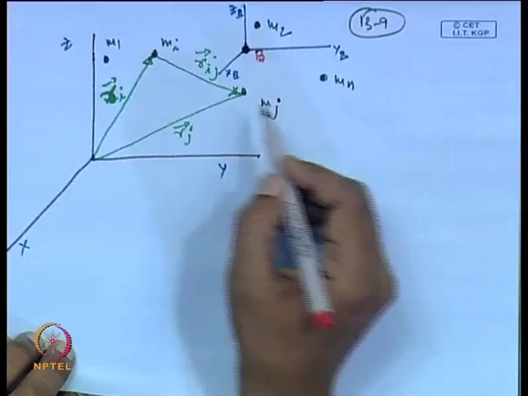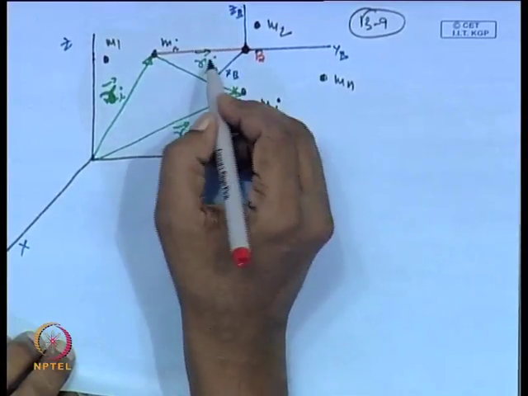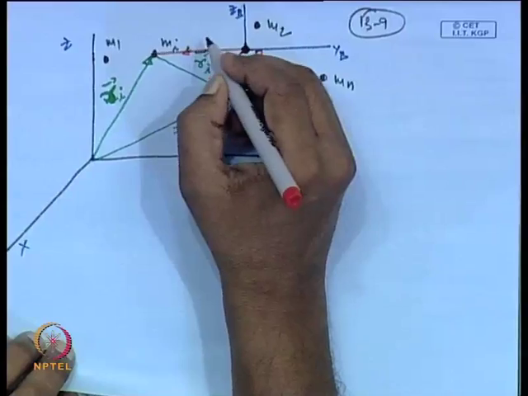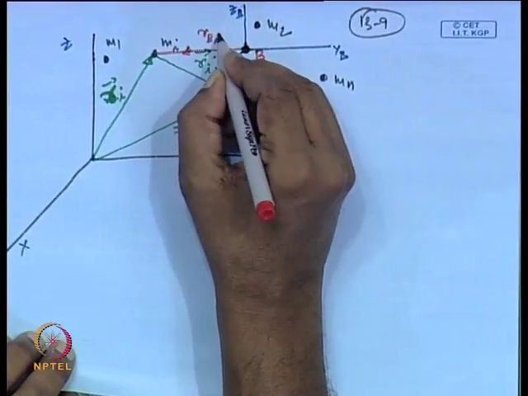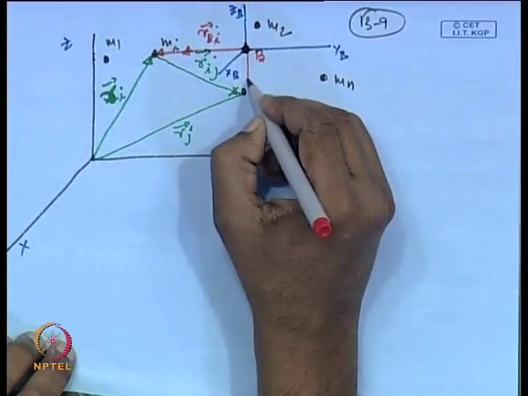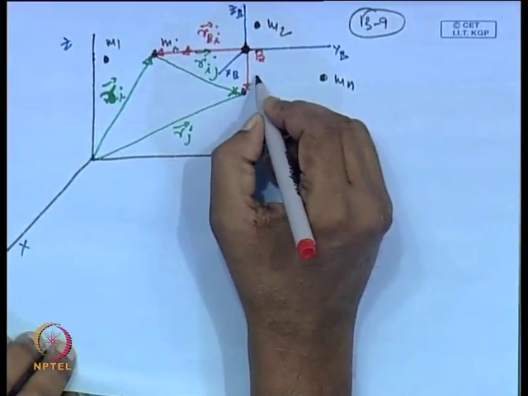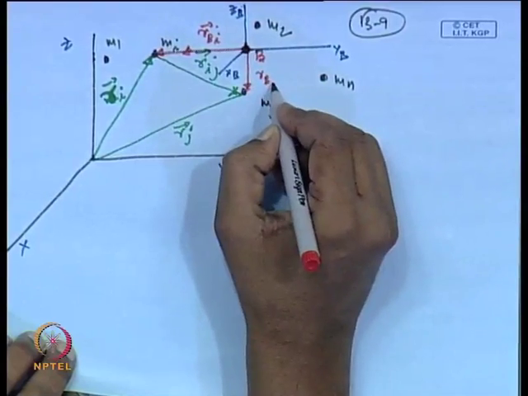Okay. So, now we connect from this mass to this mass, and this we write as r b I. This is the vector directed from barycenter to mass I, and this is a vector directed from barycenter to mass j, so r b j.